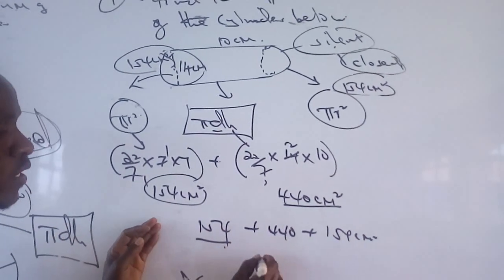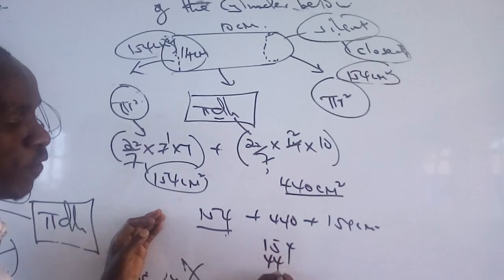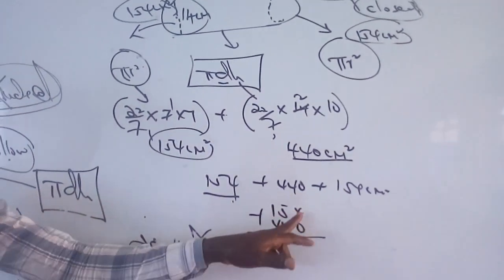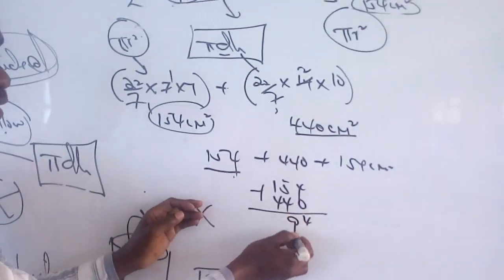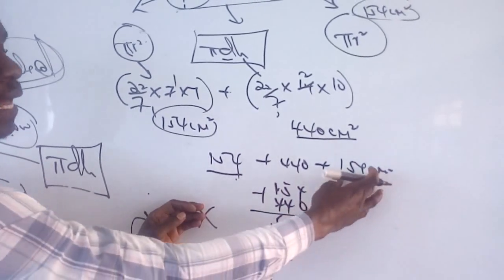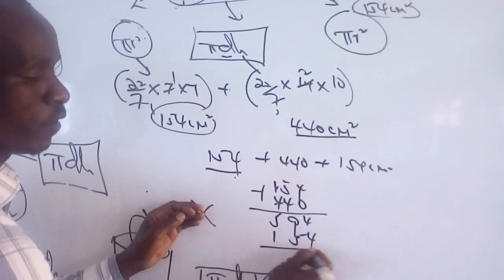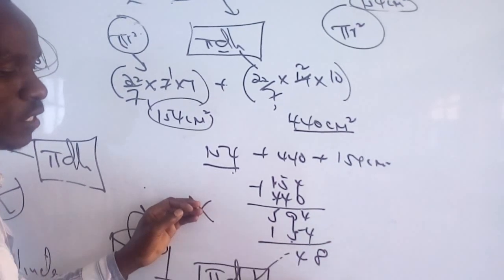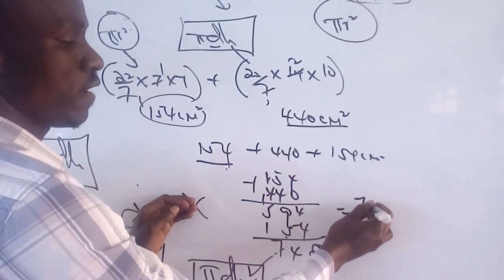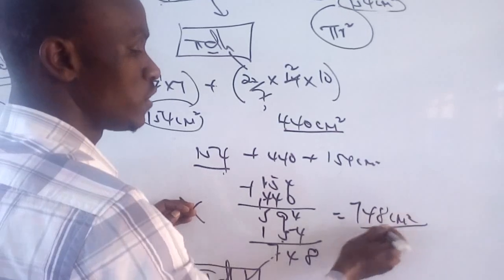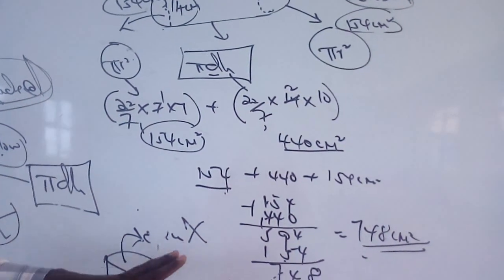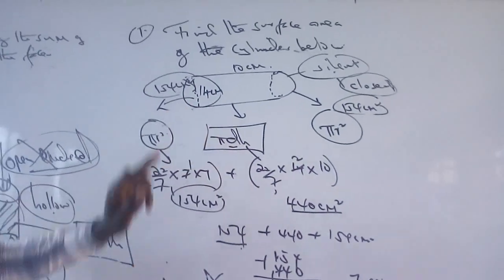So we added the three: 154 plus 440 gives 594, plus another 154 gives 748. Then the surface area is 748 centimeters squared. That is the surface area of the closed cylinder.